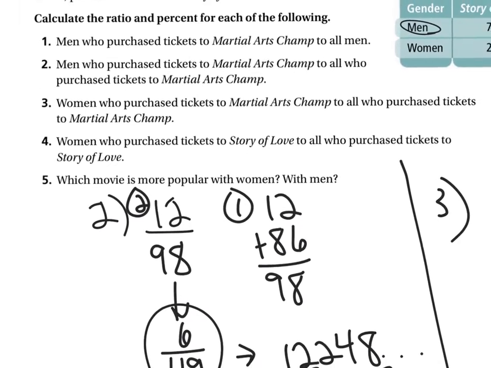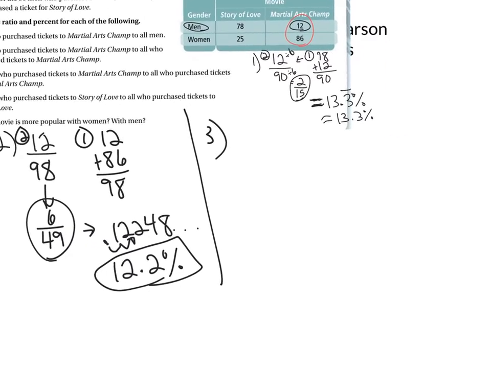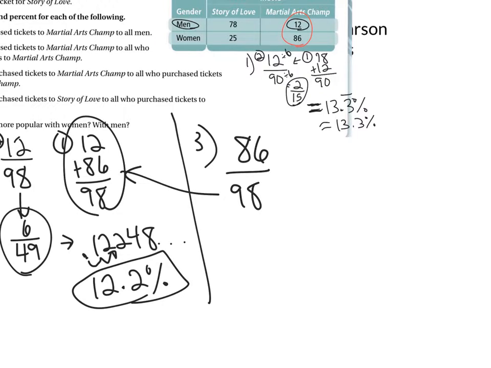Number 3, women who purchased tickets to Martial Arts Champ to all who purchased tickets to Martial Arts Champ. So similar to what we did on 2, except now we're looking at the women. So that would be 86 out of a total of 98. The 98 is just what we got from the last problem, so you can refer back to that if you want.